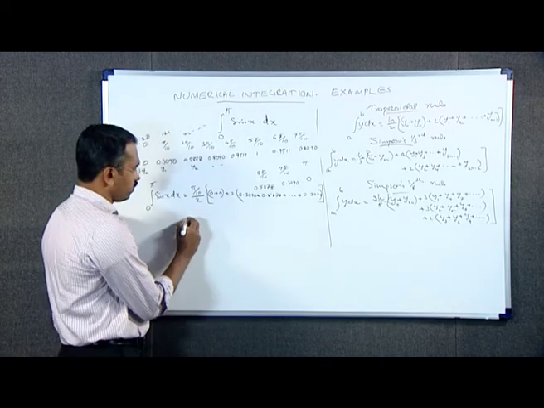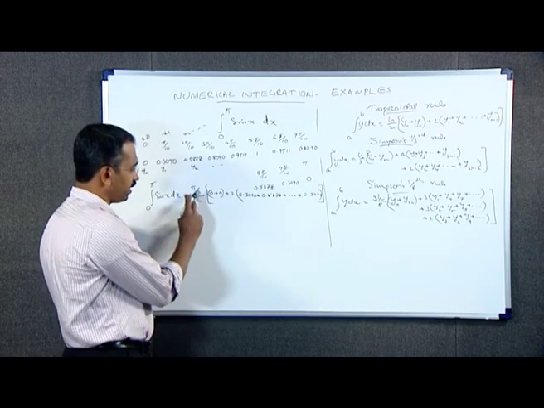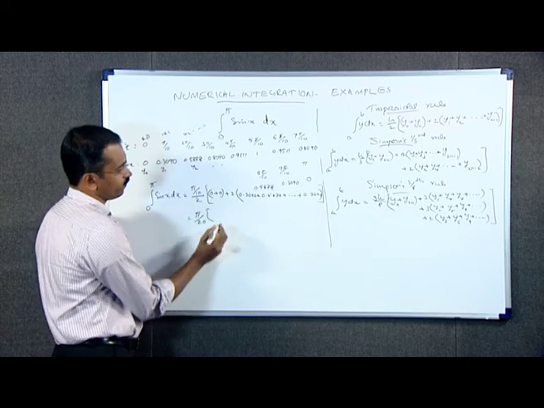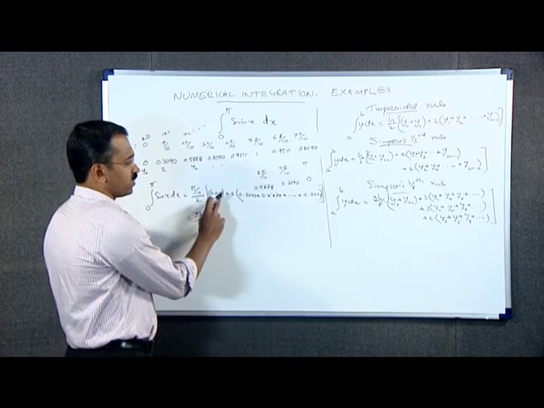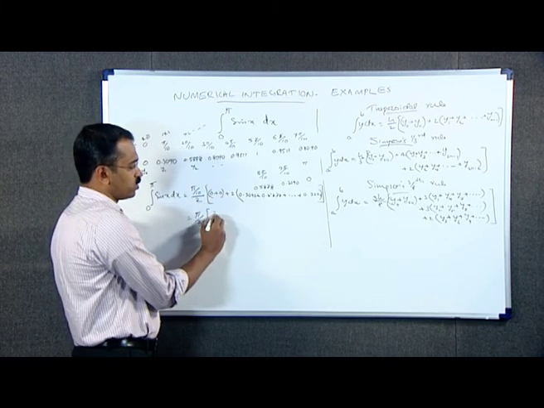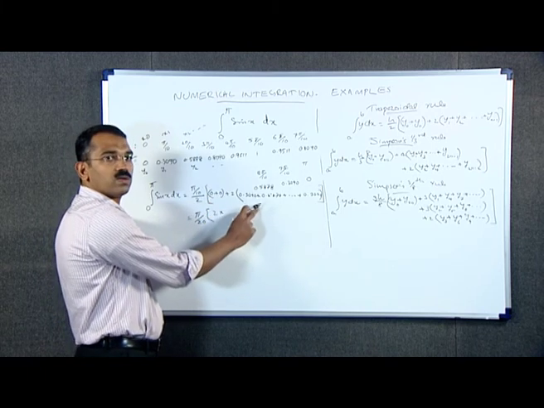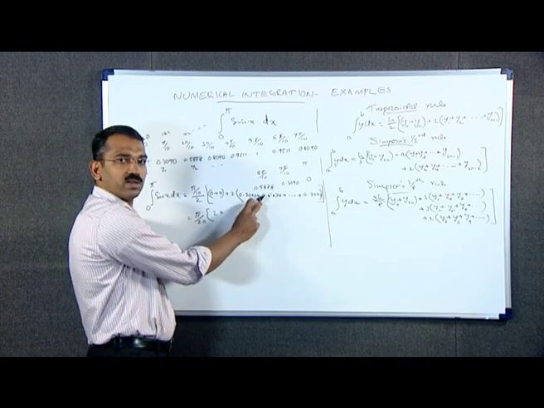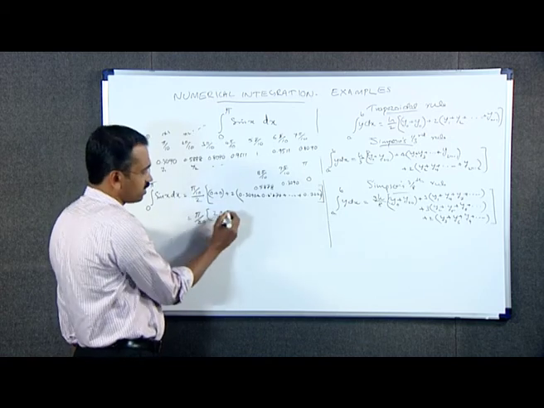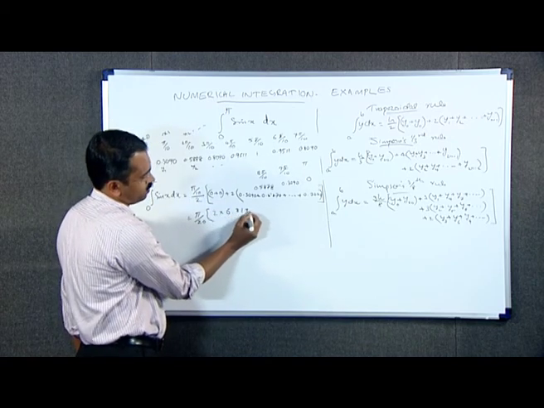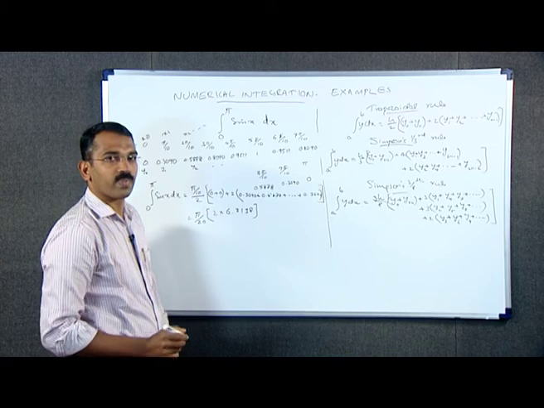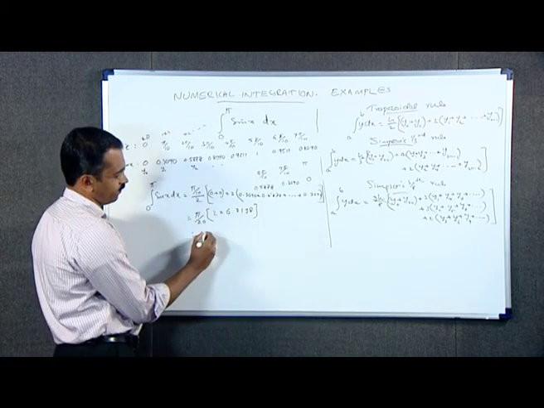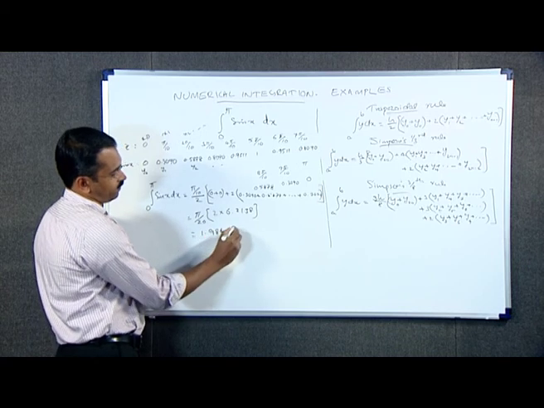That is equal to pi by 20 into 2 times the sum. On simplification we get 6.313, which is equal to 1.984 approximately.